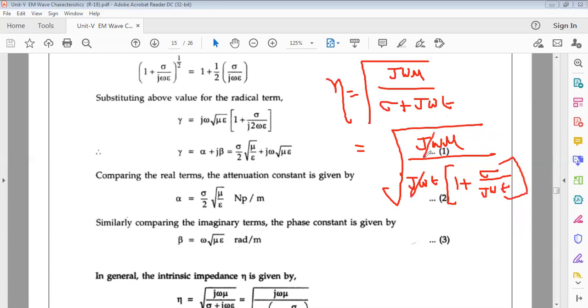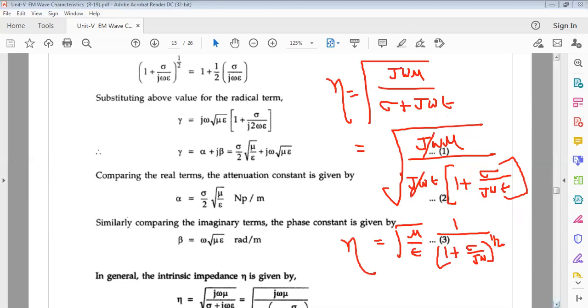So j omega gets cancelled and it becomes under root of mu by epsilon and 1 by 1 plus sigma by j omega epsilon whole power 1 by 2. So eta is equal to.